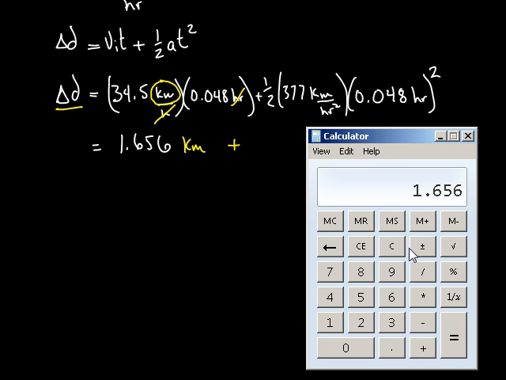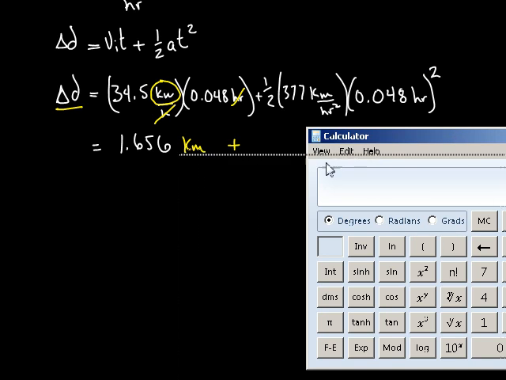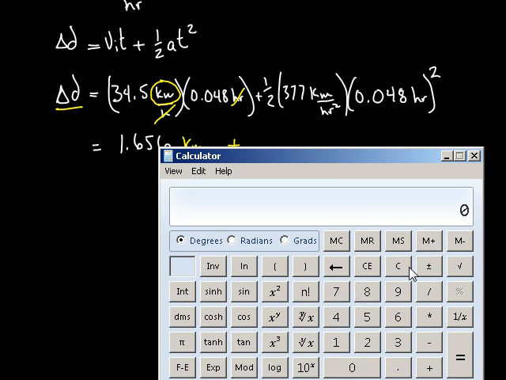So let's do that one. Don't forget the squared, so let's go 0.048. Let's take care of that first. And let's change my view here to scientific. 0.048 squared gives me this number.